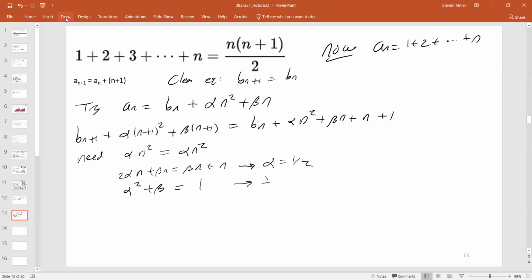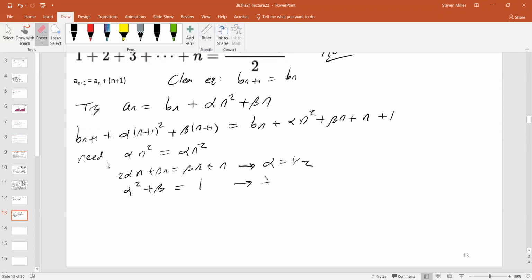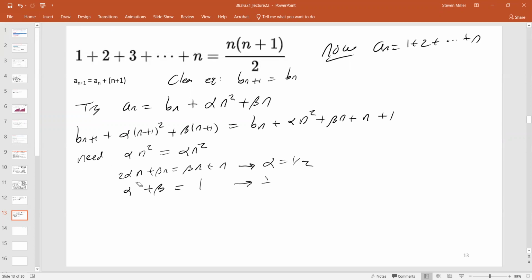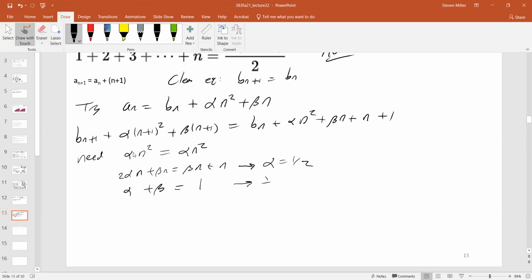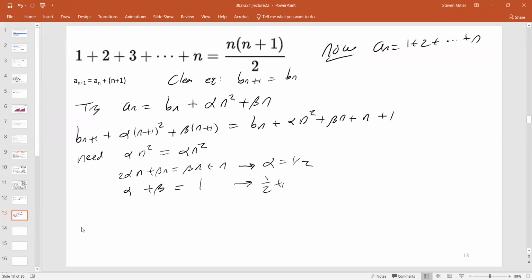I made that mistake. It's just alpha, because we're doing alpha times (n plus 1) squared. So we just get alpha plus beta equals 1. Therefore, 1/2 plus beta equals 1, so beta equals 1/2. So we try an equals Bn plus alpha, which was 1/2 n squared plus 1/2 n.